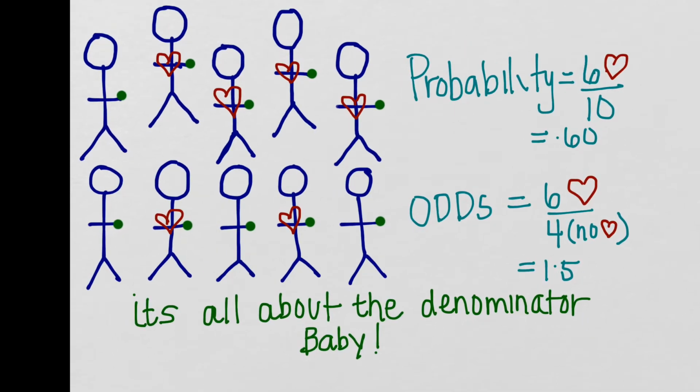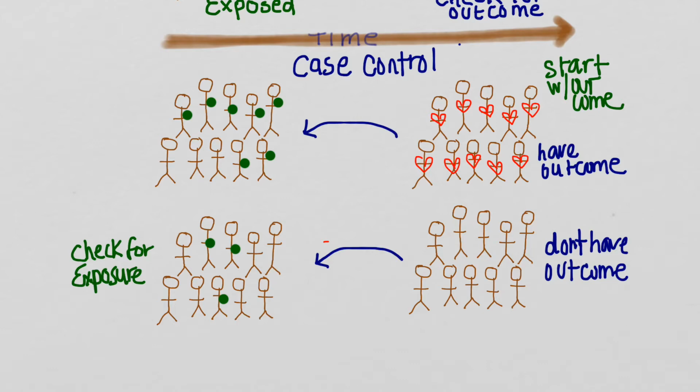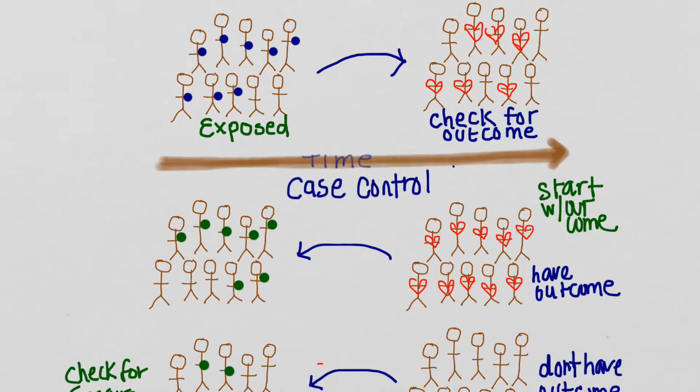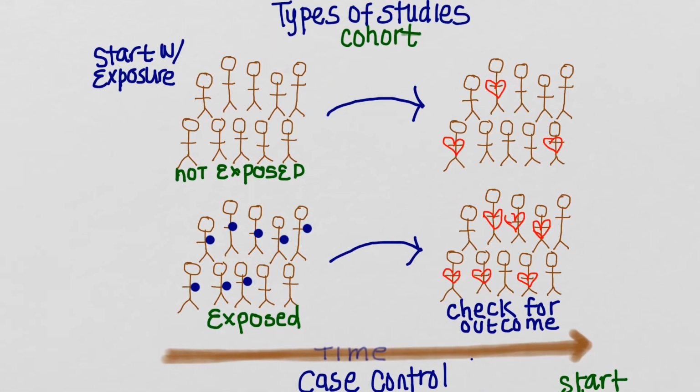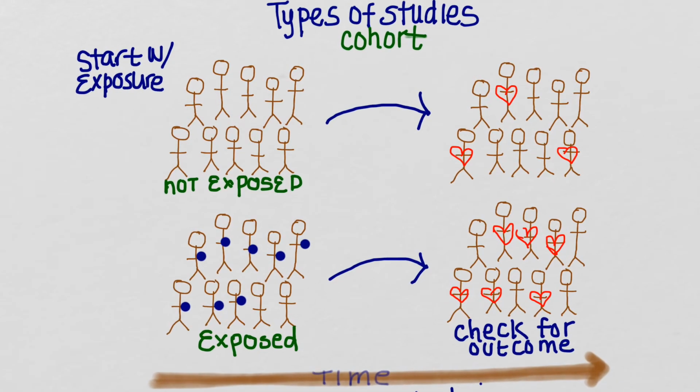As we progress and start talking about risk and odds, we really have to start talking about study designs, because some study designs lend themselves to reporting the risk ratio and others lend themselves to reporting the odds ratio. So let's start with probably the most popular type of study, which is a cohort study. A cohort study could be prospective, it could be a randomized control trial, or an observational study.